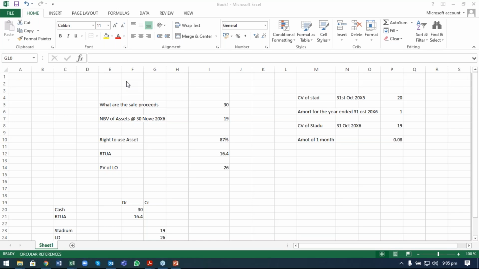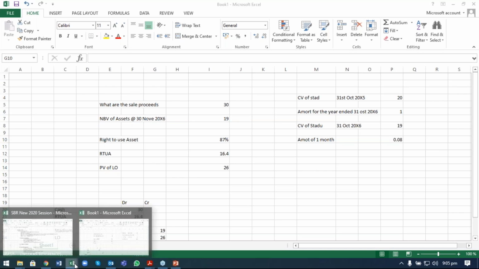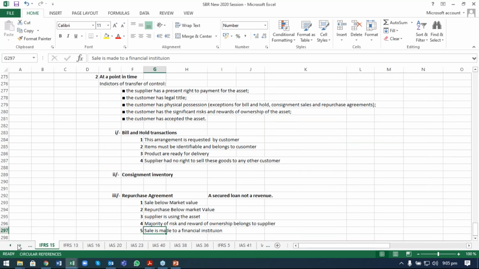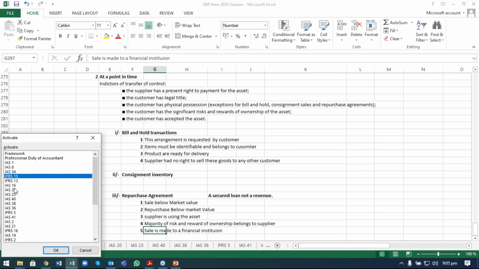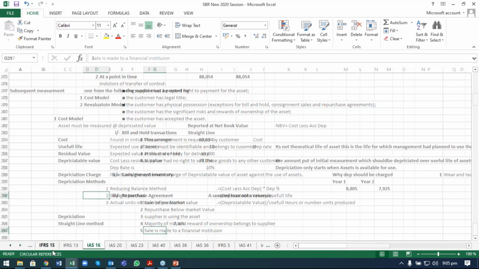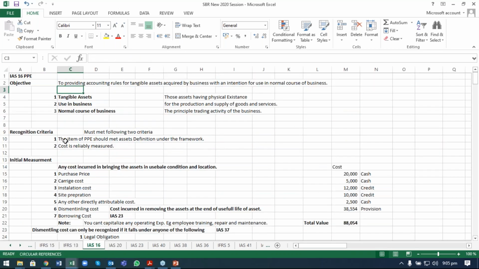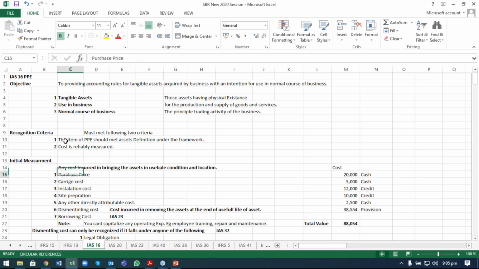If you have incurred any cost in order to prepare the site for the development of a new asset, that site preparation should be capitalized. If someone has a problem, I'll be opening up IAS 16 where you can look into it, that any site preparation should always be considered as capitalized expenditure, right?